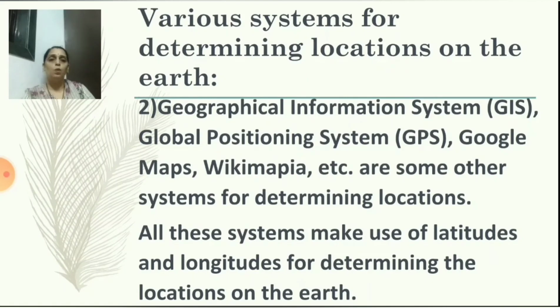Then Global Positioning System, GPS, Google Maps, Wikimapia, etc. are some other systems for determining locations. All these systems make use of latitudes and longitudes for determining the location on the earth. Is it clear? So to determine the location on the earth, we use latitudes and longitudes.